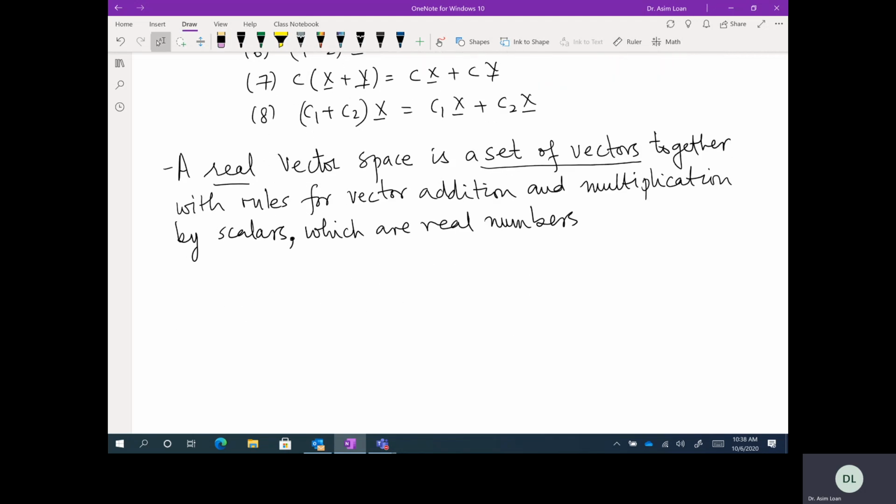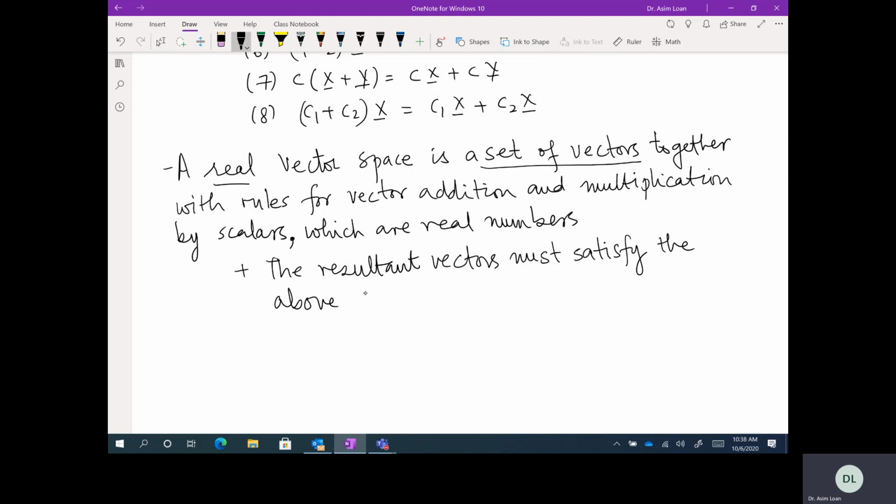The resultant vector is the same thing as saying that vector addition and scalar multiplication are closed. The vector space is closed with respect to vector addition and scalar multiplication. The resultant vectors must satisfy the above 8 conditions.